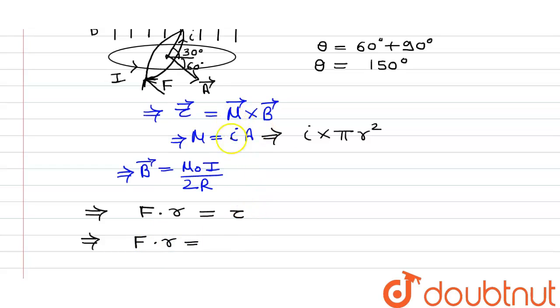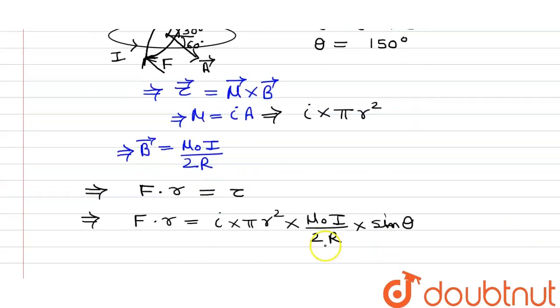First we have to write mu. What is mu? It is small I multiplied by pi r square, multiplied by the magnetic field of the larger loop, which is mu naught capital I divided by 2 capital R, multiplied by sine theta. The angle theta we have seen will be 150 degree.